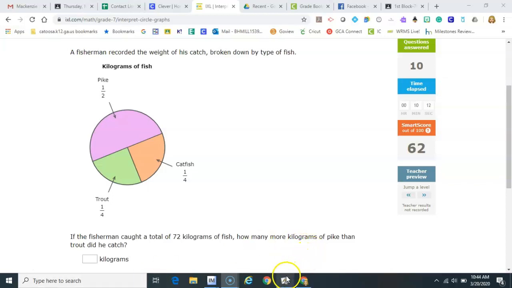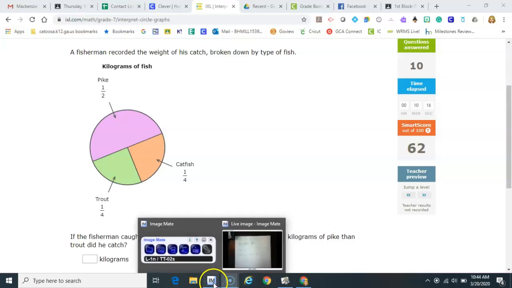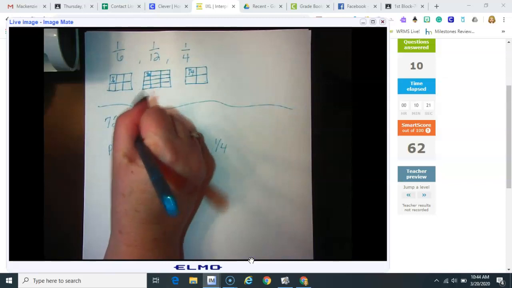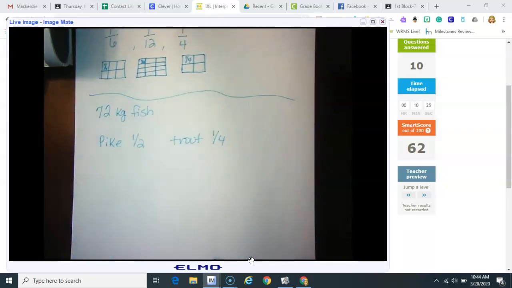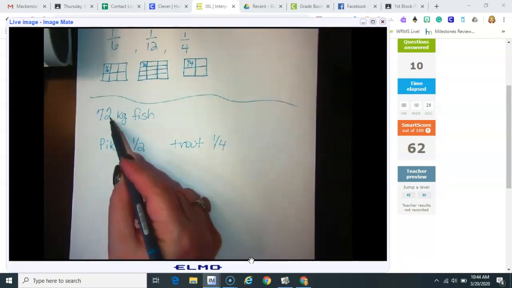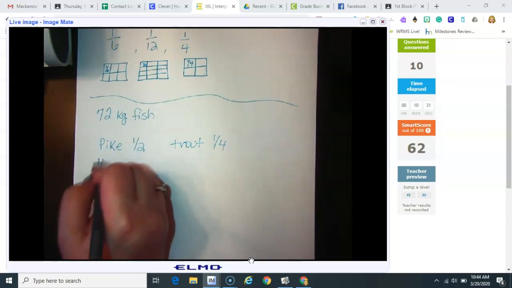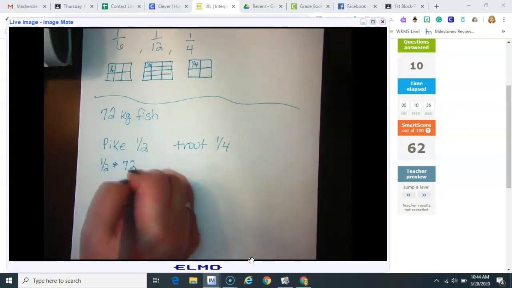So let's switch screens so we can see where the work is. So 72 kilograms of fish. So how many more? Probably the easiest thing to do on this one is to find out how much half of 72 is. So 1/2 of means times 72.